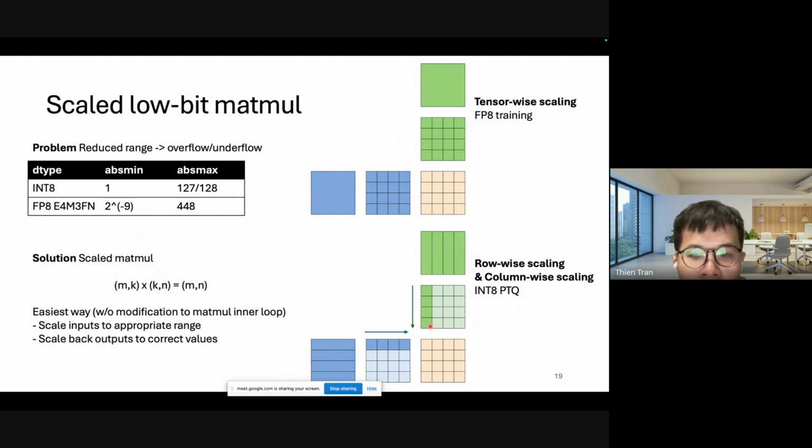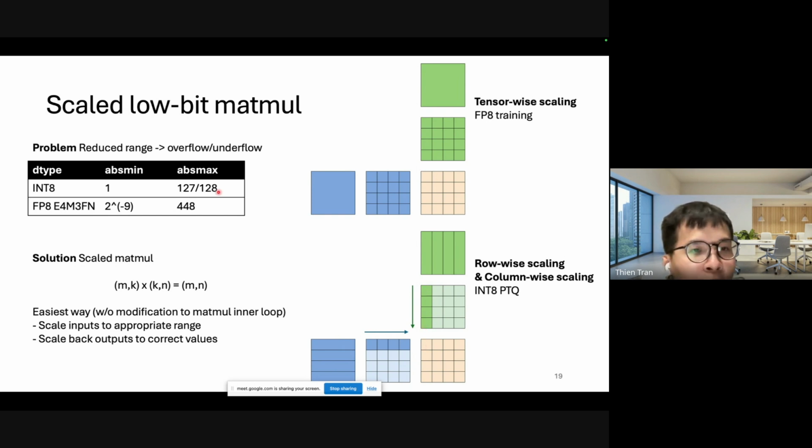So why does this work, and why does it work nicely with everything? It's because for matrix multiplication, each output value is just a dot product between two vectors. I put an arrow here so it's easier to visualize. To calculate this output value, you do a dot product between this and this one. If we have one scale for this vector and one scale for the other vector, then it's straightforward.